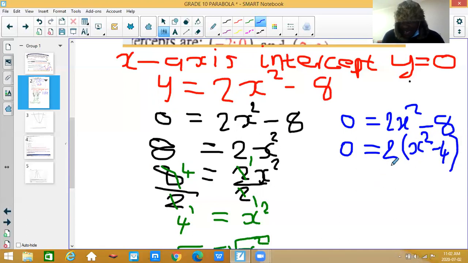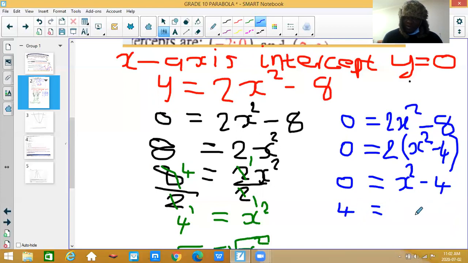Right, you divide both sides by 2, hence on the left-hand side, if you divide 0 by 2, it gives us 0. And then you have on the right-hand side, x squared minus 4. Now, you want to find the value of x. You can transpose this 4 to the other side so that it becomes a 4, which is x squared.